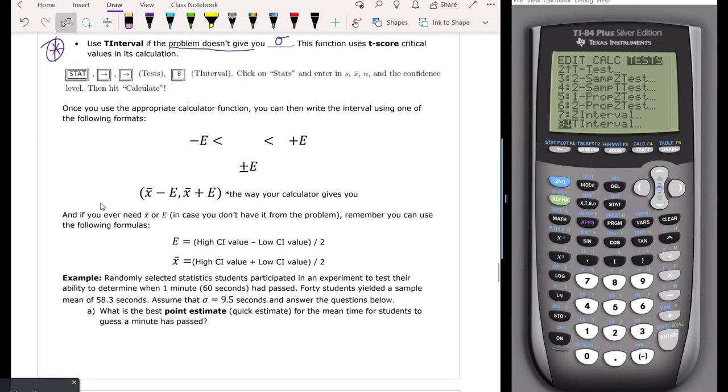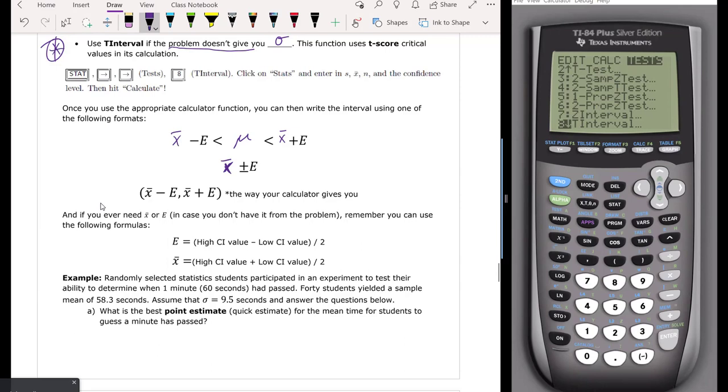And of course, there are three different ways you can write your confidence interval for the mean. You can have it with this notation with the less than symbols. We are estimating the population mean, so I'm going to put that mu symbol right between those two less than symbols. You can also have it in this margin of error form. Just make sure you know how you best calculate margin of error.